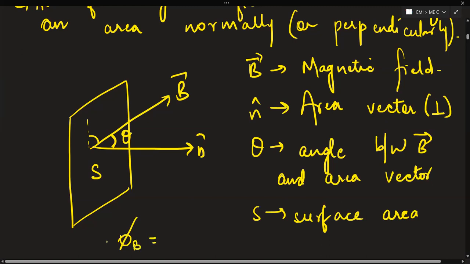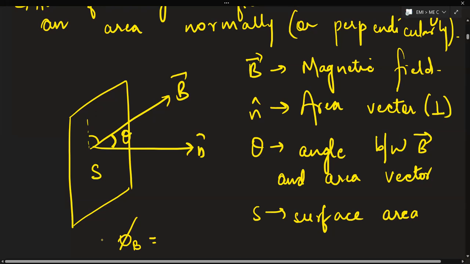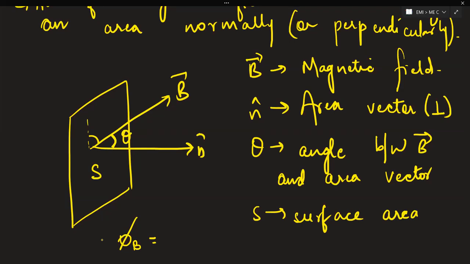One last thing: when you're giving your board exams, keep this in mind while writing. If it's a question of electrostatics, electric flux, then you can write the phi symbol. But if it's a question of magnetic flux, or from EMI or AC or any other chapter, do mention which phi.